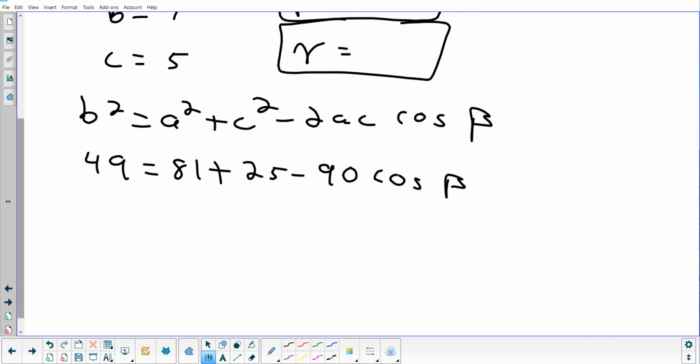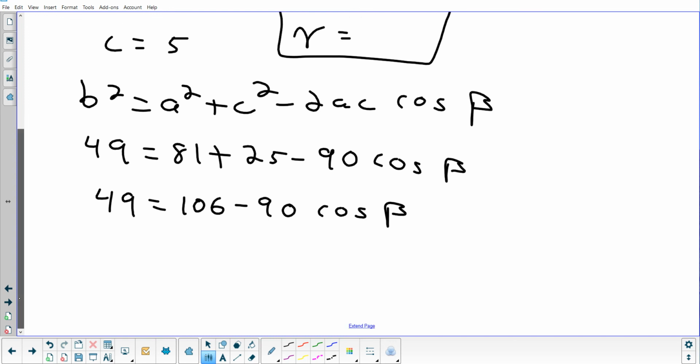Alright, we always get the like terms. You want to combine those first, then start moving things to the left. But don't move anything to the left till you combine your like terms. What's 81 plus 25? 106. Alright, now we're ready to move things to the other side.